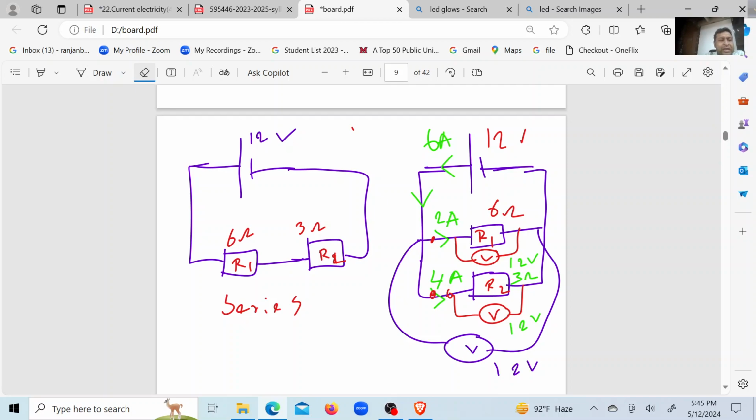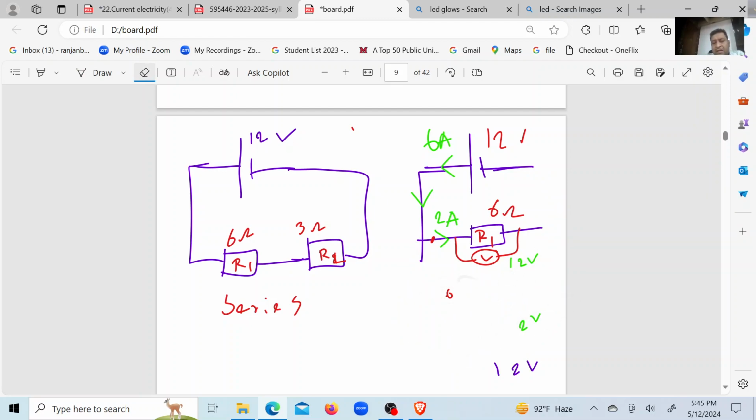So what do you think if this one is removed? Then what will be? Will this current be 6 or still be 2? It will still be 2 ampere.